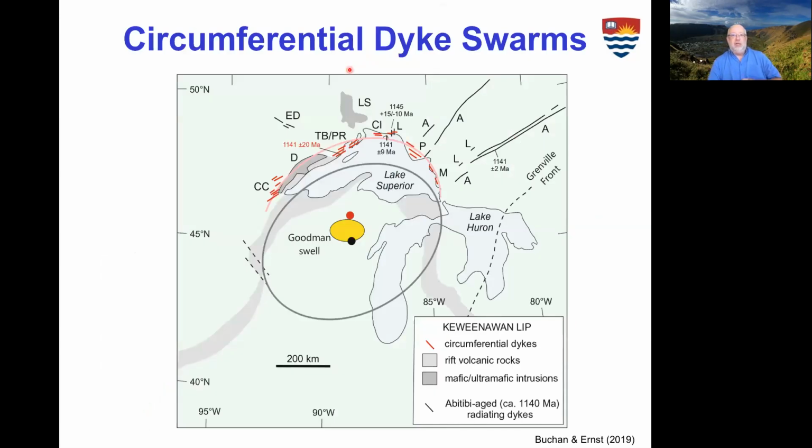Just before I was putting this talk together, Richard reminded me of one of his papers from 2019, where they make the idea of these circumferential dike swarms. They've suggested in their 2019 paper that the dike swarms around the north shore of Lake Superior fit with the idea of a circumferential dike swarm around what they term the Goodman swell.